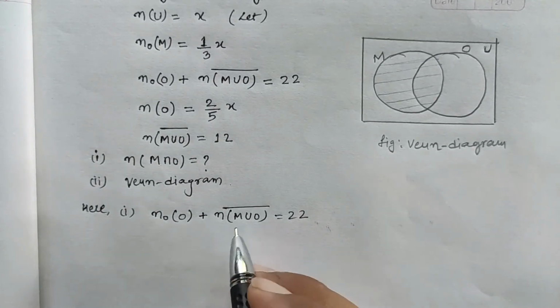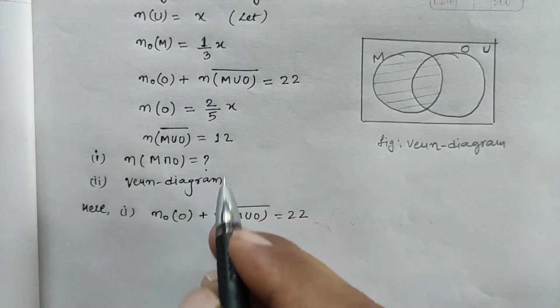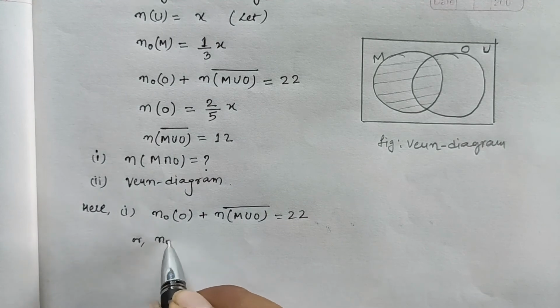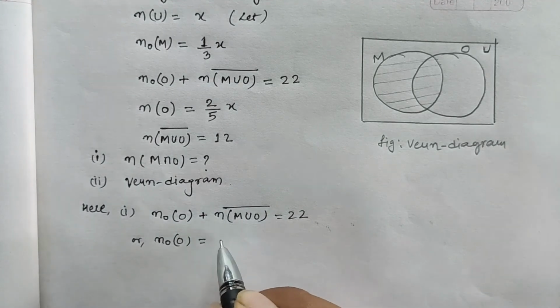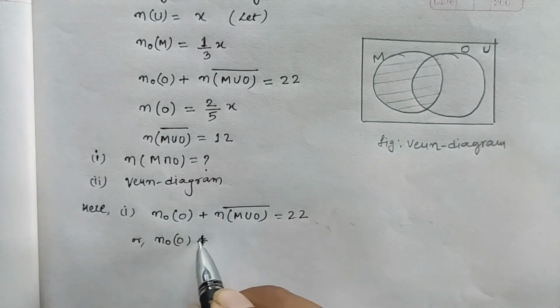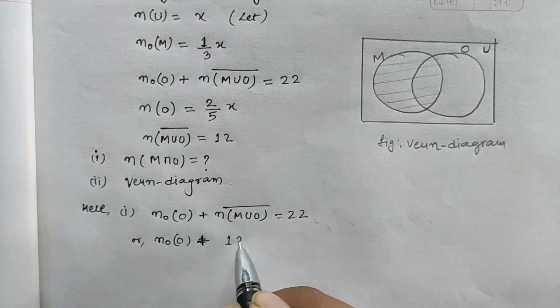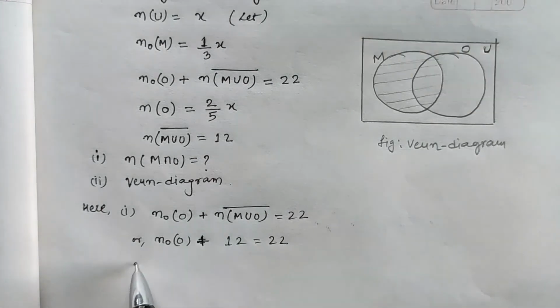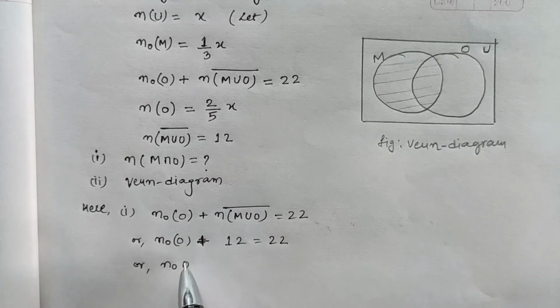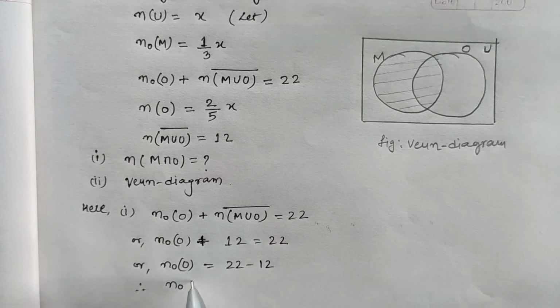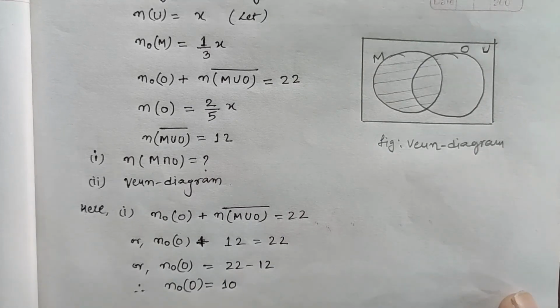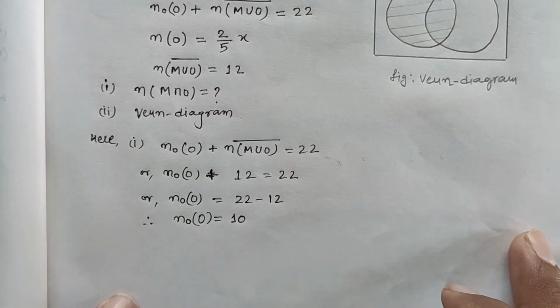This is already given, so we put the value 12 here, so n only O is 22 minus 12, therefore n only O is 10.